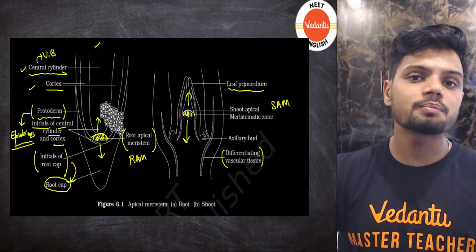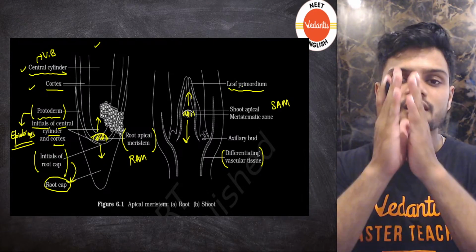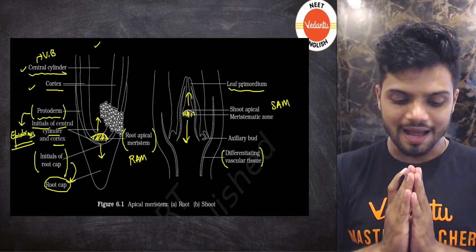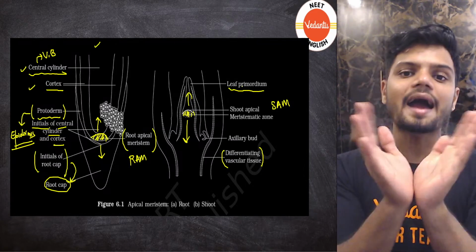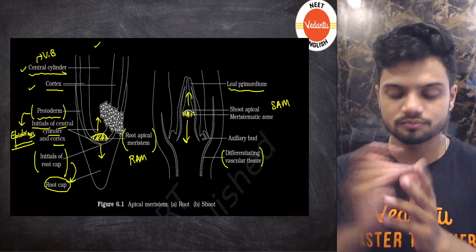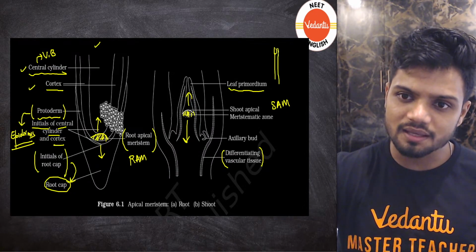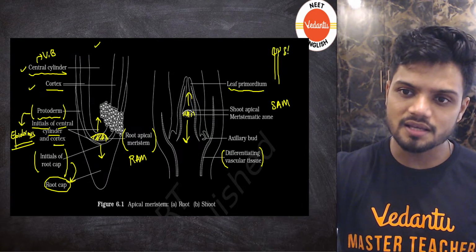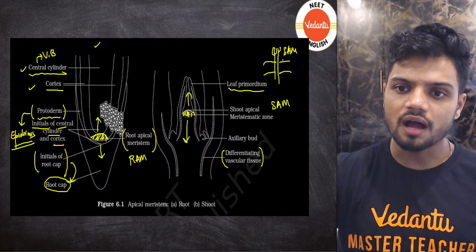Now, if you remember from the previous chapter, morphology of flowering plants, did we learn that as the shoot apical meristem is growing, the leaves are produced in an acropetal succession? Yes or no?